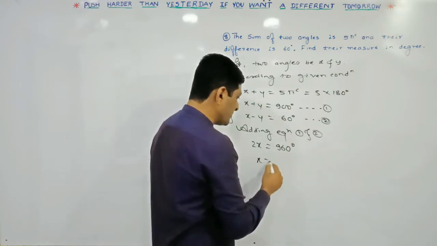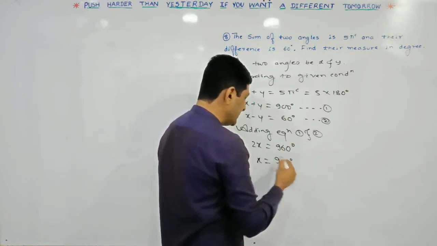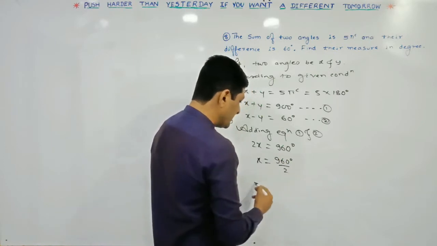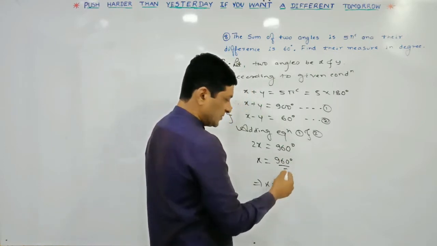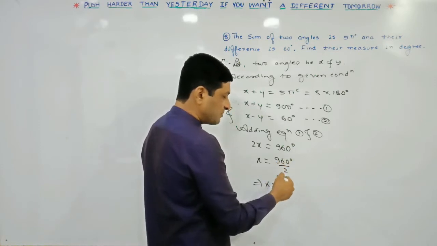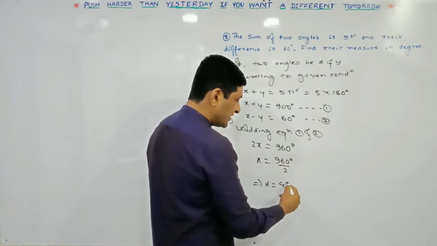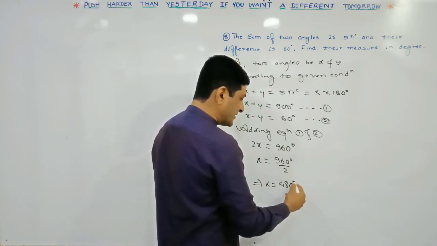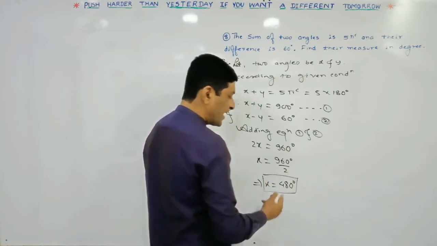So x will be equal to 960 divided by 2. So it implies that x will be equal to, if we are dividing 96 by 2, we will get 48 and keep this 0 as it is. Means in this way we have got the value of x.